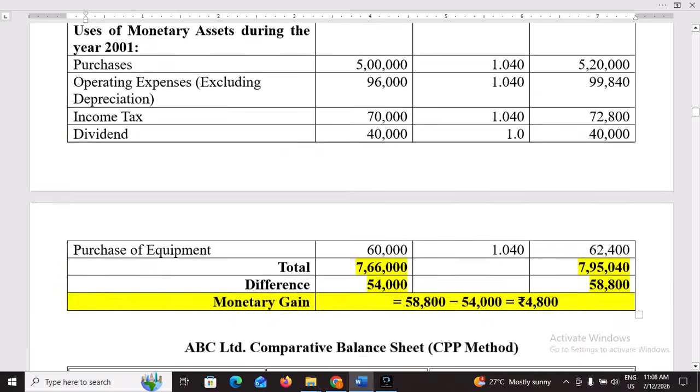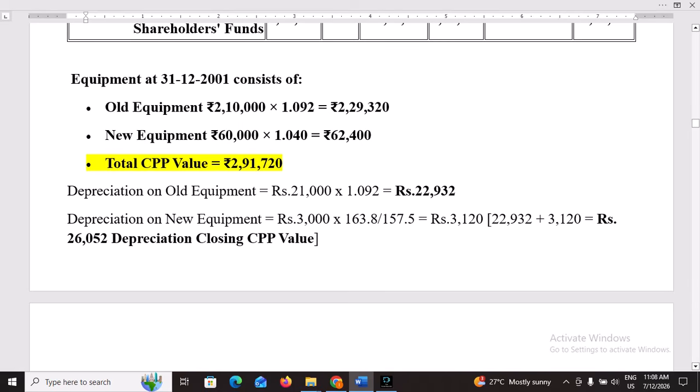So closing 163.8 divided by the purchase date 157.5. So 3,000 into 163.8 divided by 157.5 gives rupees 3,120.